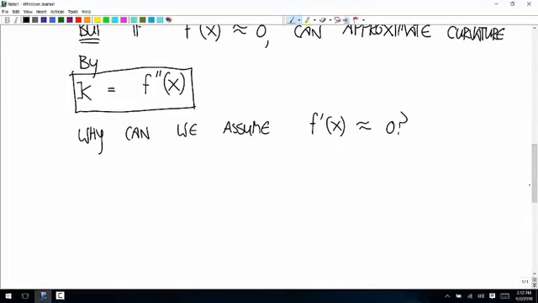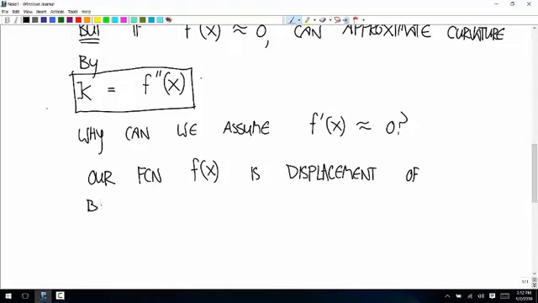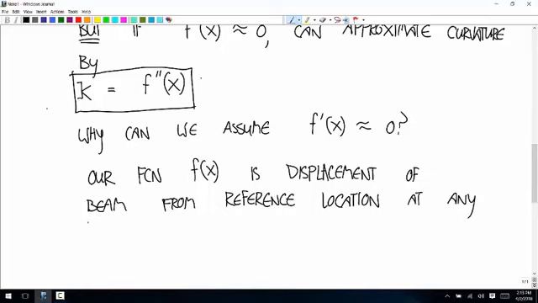Our function f of x is the displacement of the beam from its reference location at any value x.